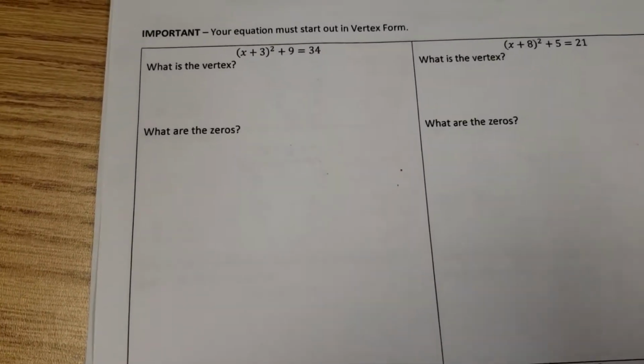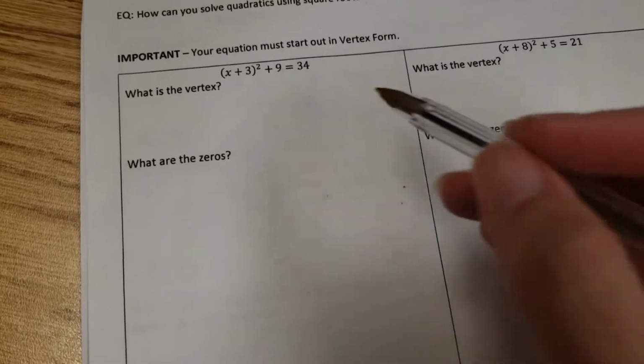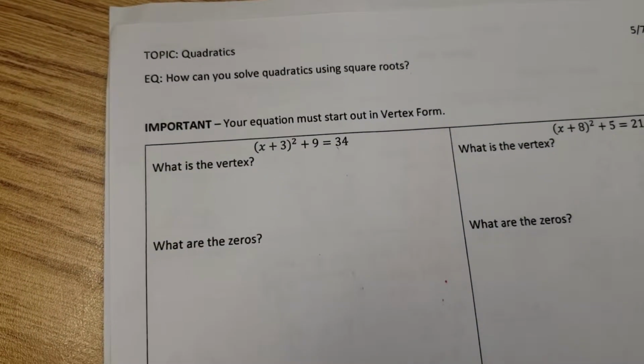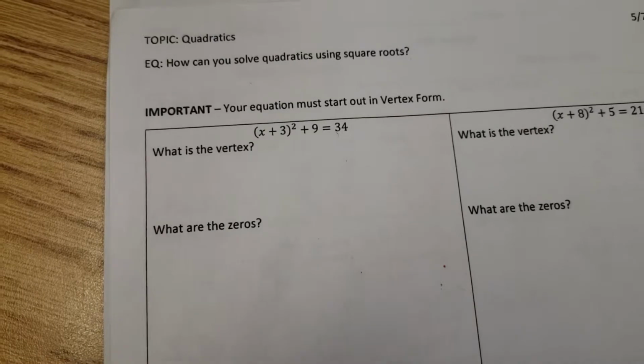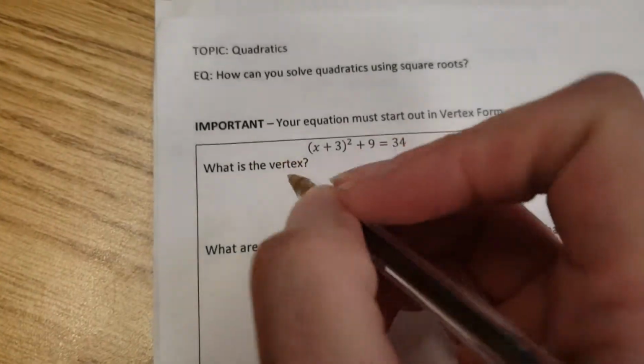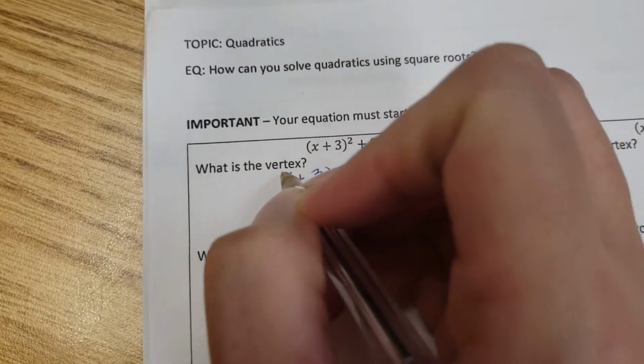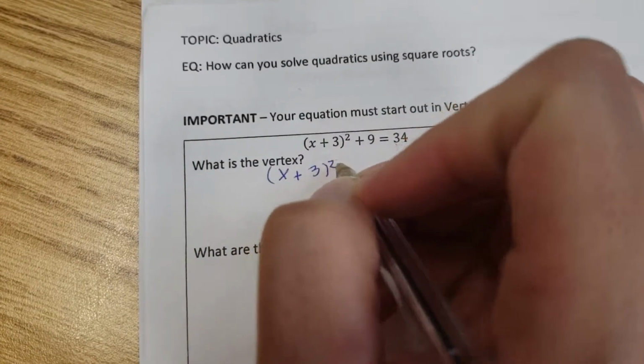We also have to get it into an equal to 0 situation in order to pull out the vertex as well. So I need to rearrange this a little bit so that it is equal to 0.